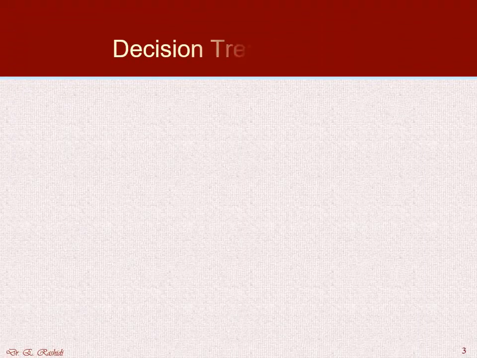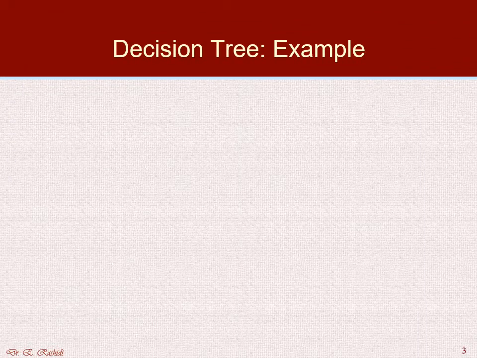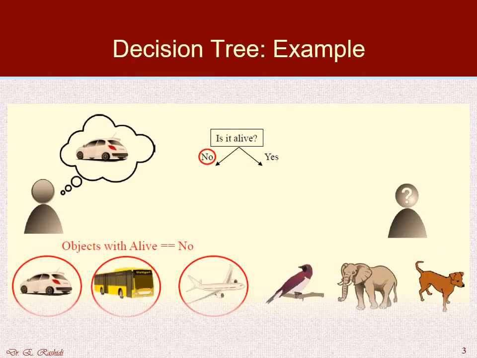To understand how decision trees work, let's play a game. In this game, I think about an object out of a set of objects that we are both aware of. You have to ask yes or no questions to get to the item that I am thinking about.